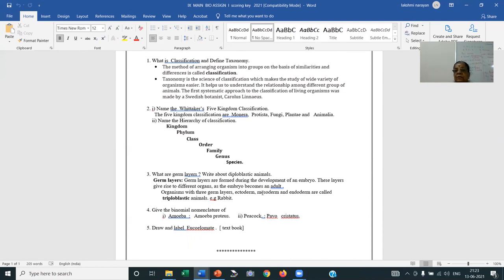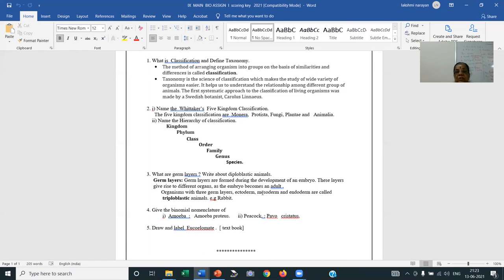That zygote will undergo various changes, which is called the embryo. During the development of the embryo, different layers differentiate as the embryo becomes an adult. The germ layers are the outer ectoderm, middle mesoderm, and inner endoderm.